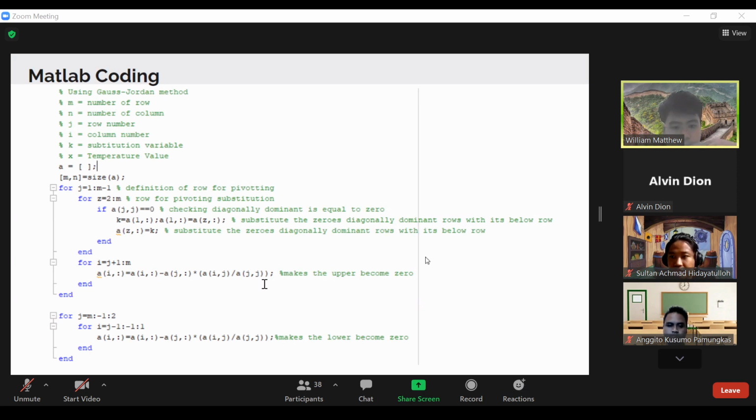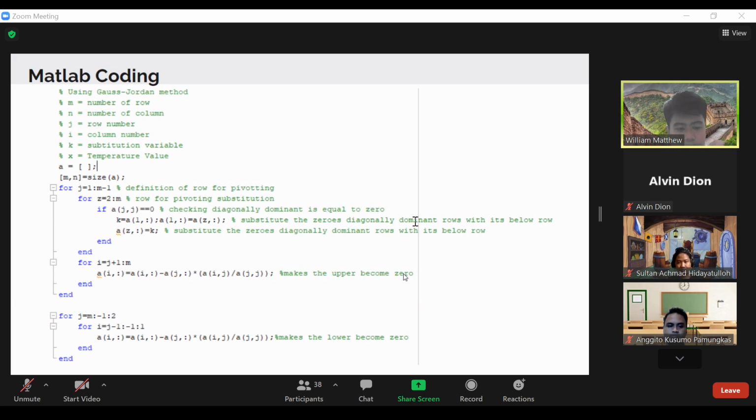After that, it will substitute the zero-diagonal row with the row below it. So if the condition is equal to 0, it will be substituted with the row below the zero row. And this system will loop until the diagonal element of the row does not contain a 0 value.